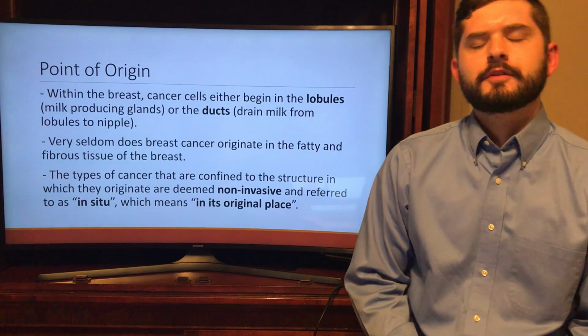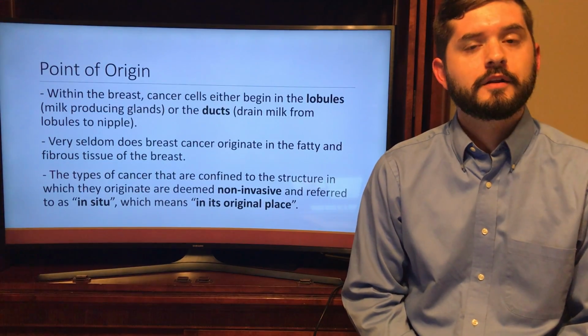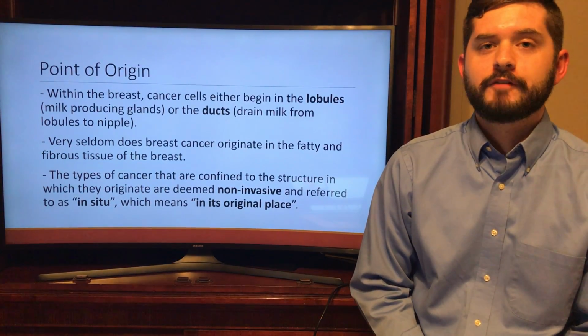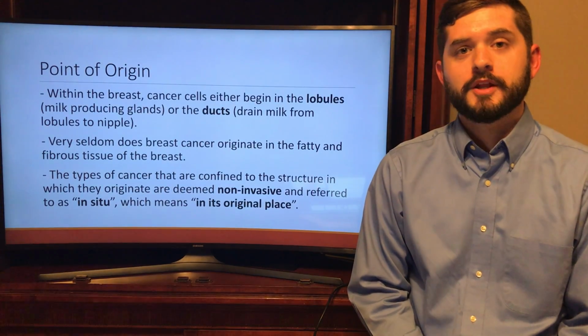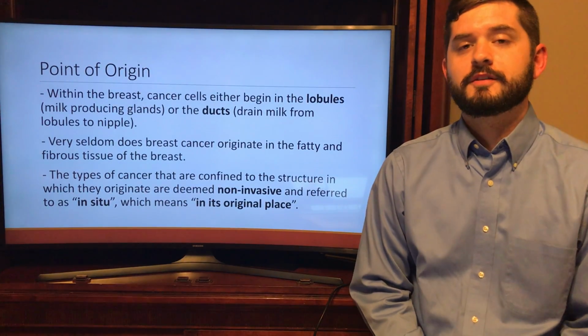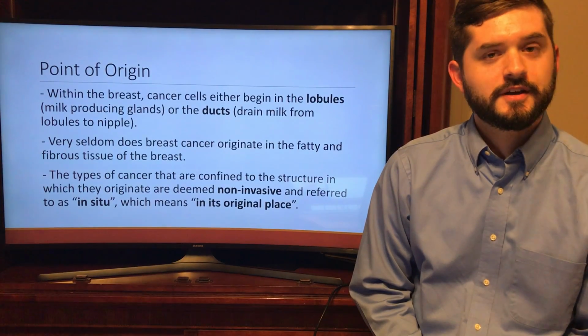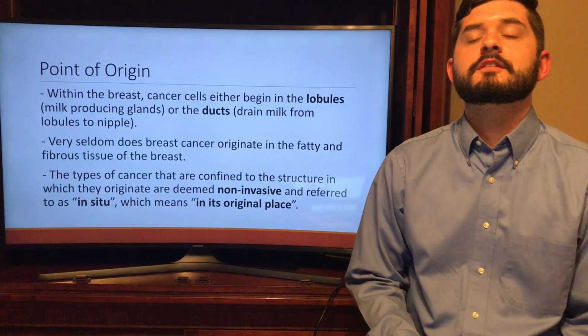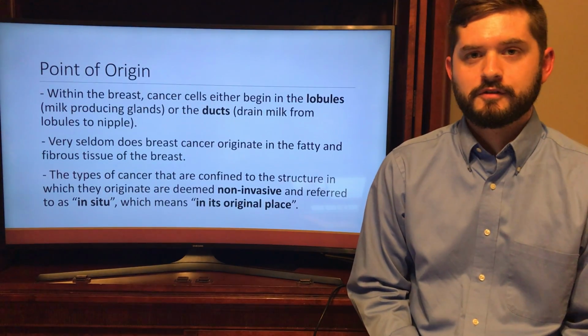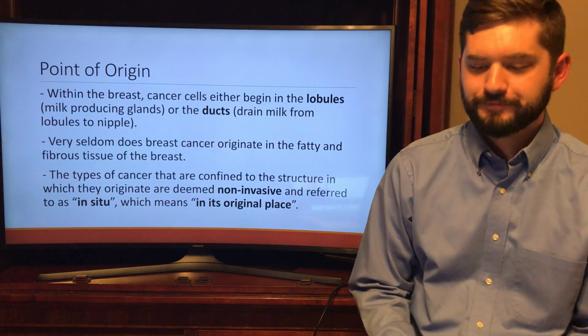Now, when the cancer stays within these structures, we call it non-invasive, and the term for that is in situ, meaning in its original place. So the takeaway from this is that breast cancer originates in the ducts and the lobes, and that when it is confined within these structures, it is called in situ.